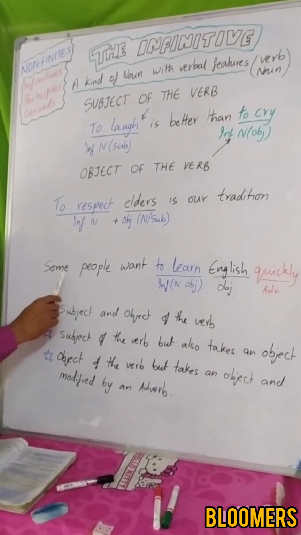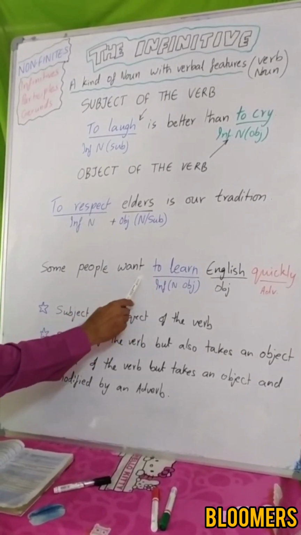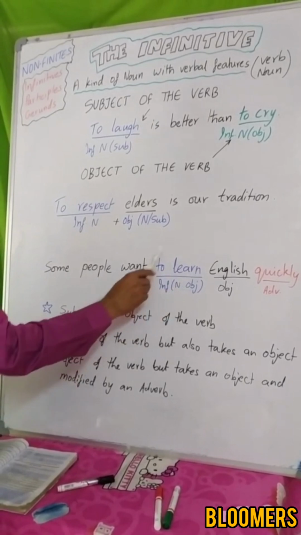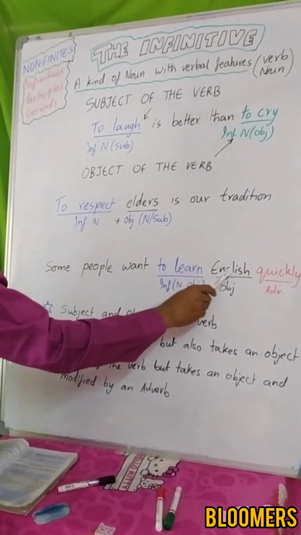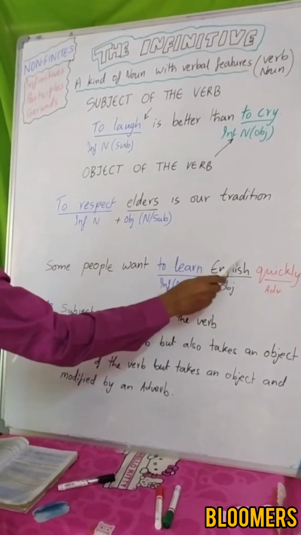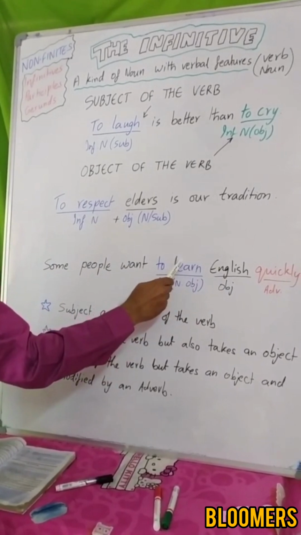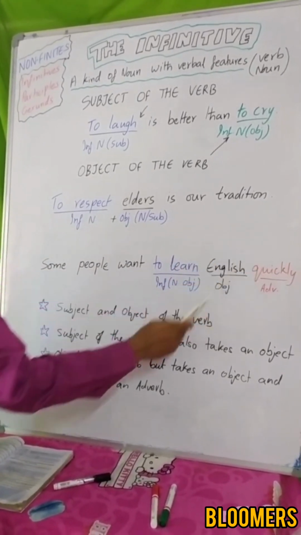Here again, in this sentence, it has become the object of the finite verb want. Here it has attained the noun form and become an object. At the same time, it is taking another object. It is taking the object of the finite verb sentence and making it its object. At the same time, it is also modified by an adverb.